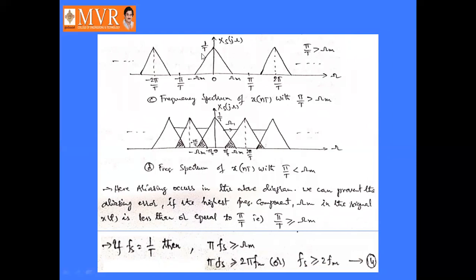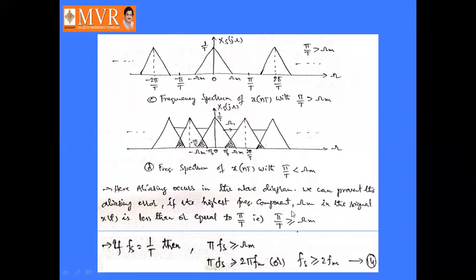This is the overlapping of these two spectra. This is called aliasing. Here aliasing occurs in the above diagram. We can prevent this aliasing error if the highest frequency component omega m in the signal x of t is less than or equal to pi by T. So that is, omega m is less than or equal to pi by T.